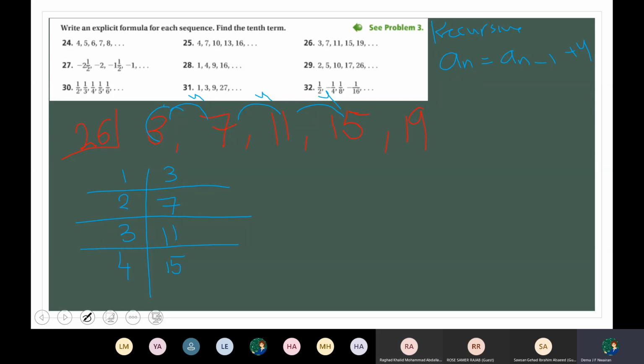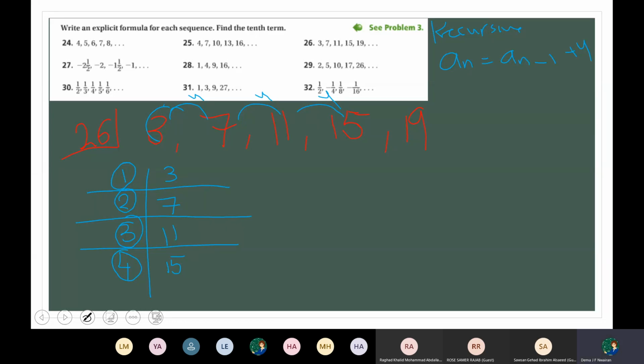But I didn't want the recursive. I need now to find the explicit formula. For the explicit formula, I need to try to use n to give me the term. Let's try now with the difference between them is 2, 5.